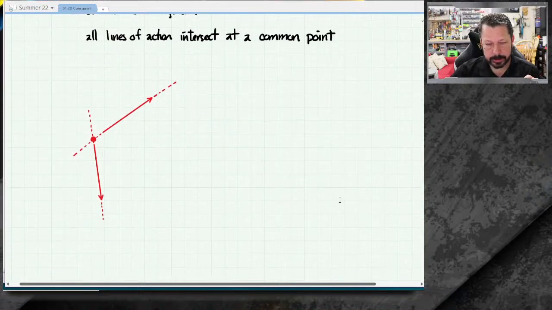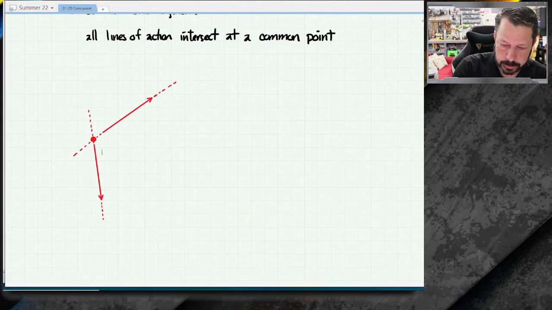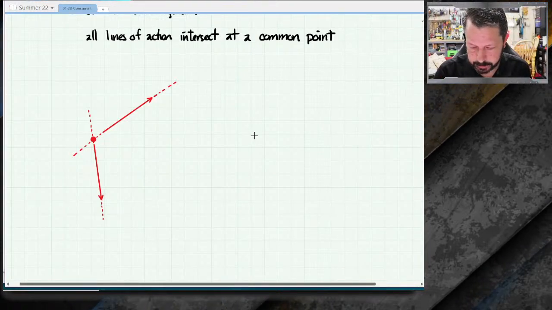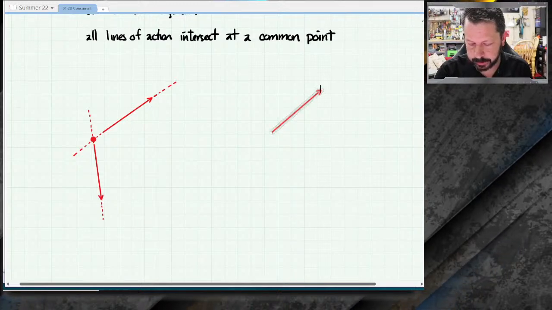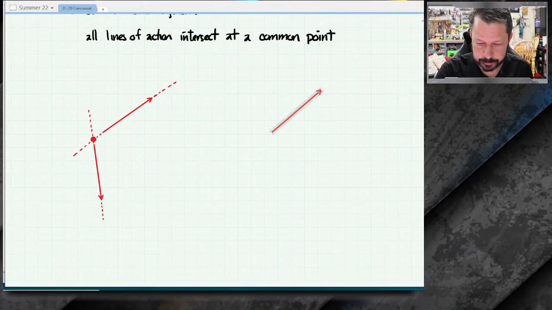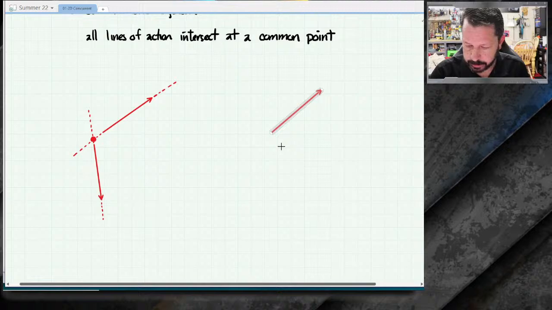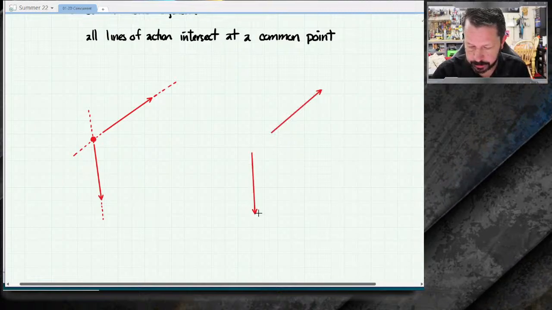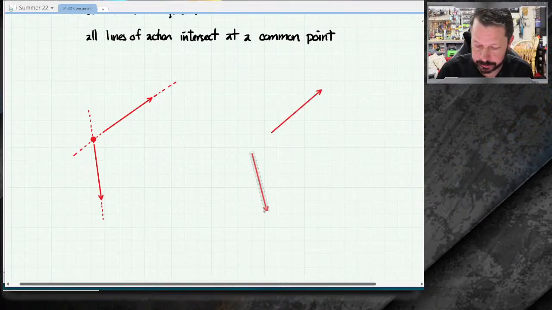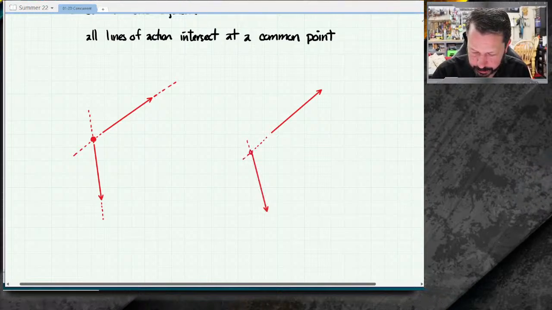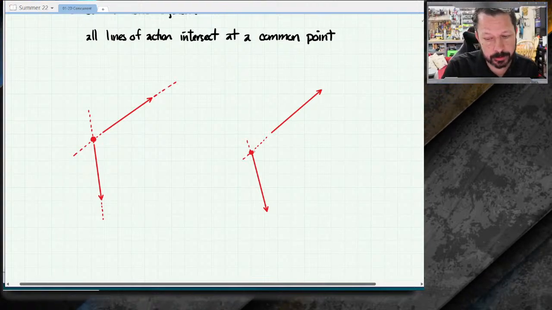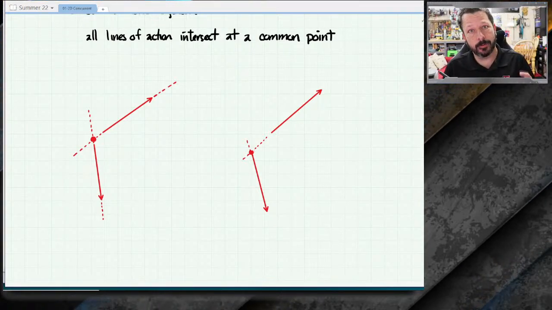Let's draw one that's not concurrent. This is a new force system from the other one. Here's vector 1, and vector 2. Two of them will always intersect, right? You'll always have some point where they intersect. But if I add a third one, I don't always get that one intersection point.